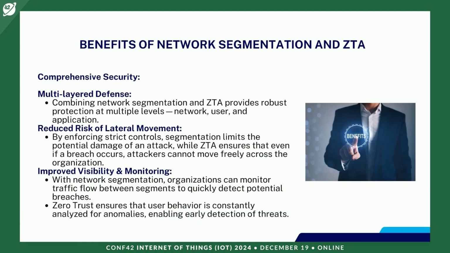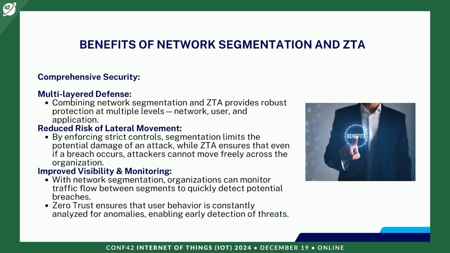It also improves visibility and monitoring. With network segmentation, an organization can monitor traffic flow between segments quickly and detect potential breaches. It also observes the behavior of that user or of that device.